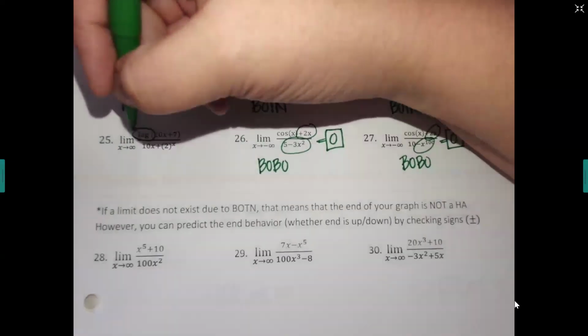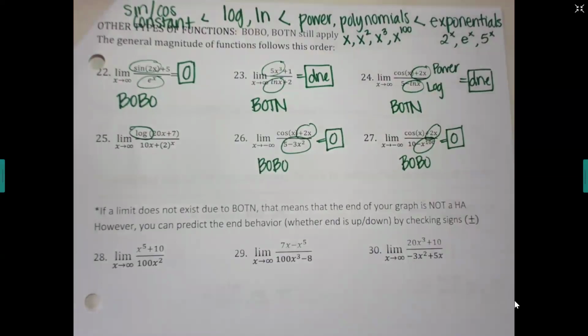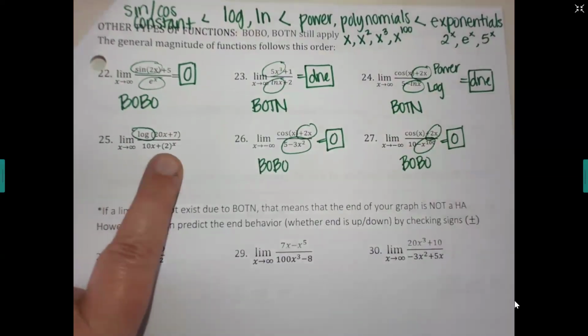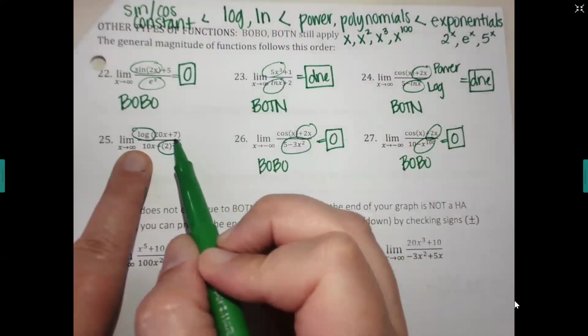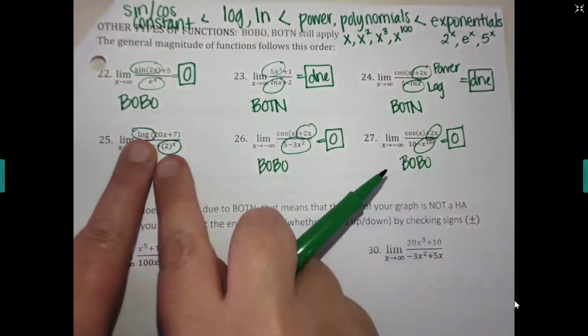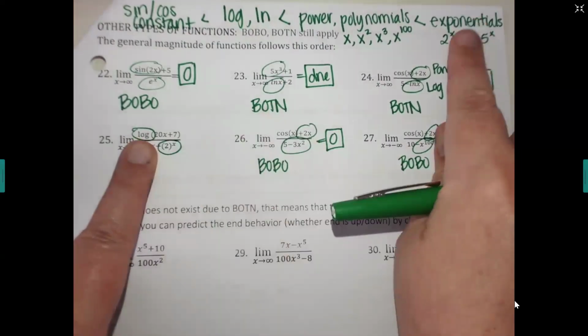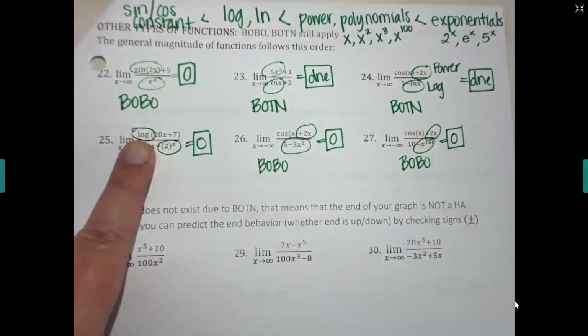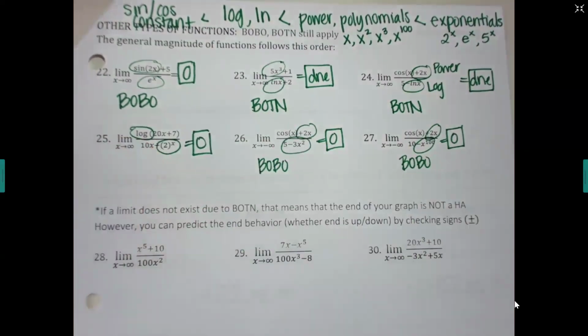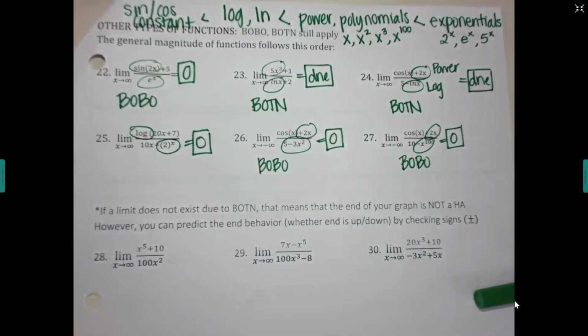So this is a log on top. Who wins on bottom? The 10x or the 2x? 2x counts as an exponential. That's okay. So if it's a log versus an exponential, we know the exponential is the biggest category, makes it a Bobo. Okay. All right, are we good on that?